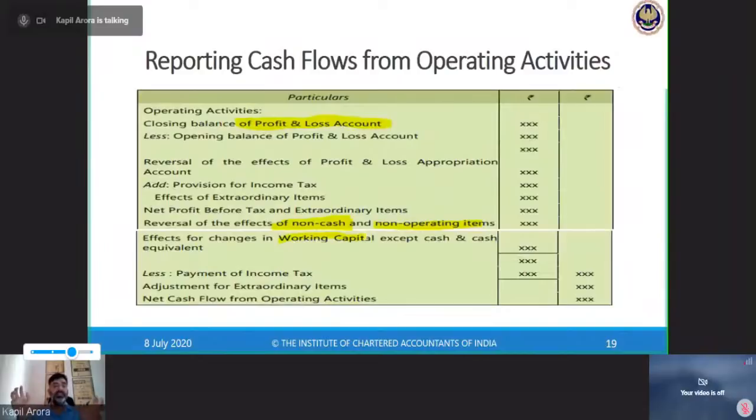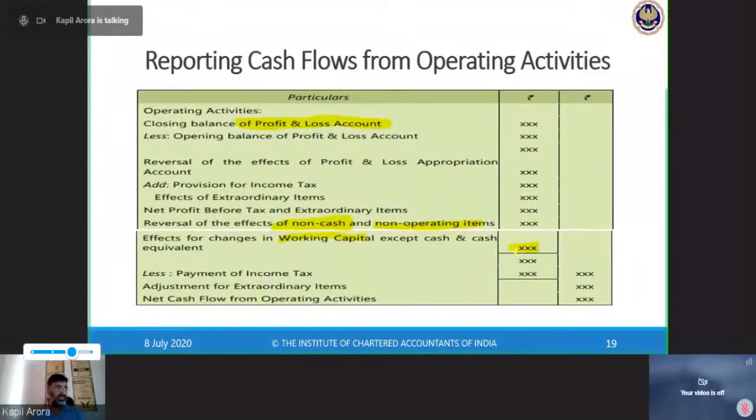When opening and closing are compared, the difference between those two will always have the impact here. So since we are not following the direct method, it will be followed by the items from the balance sheet and profit and loss account instead of taking the cash transactions directly.